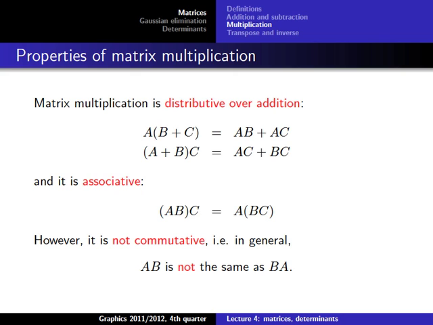So if you want to show that this is not true, you just have to write down two matrices where the dimensions match in one direction, but if you change the order, then they don't match anymore.